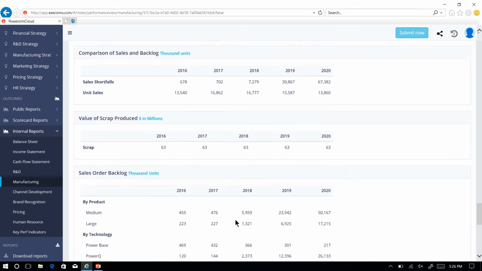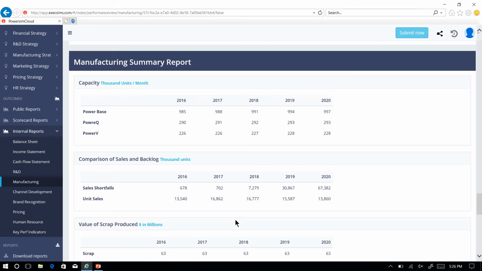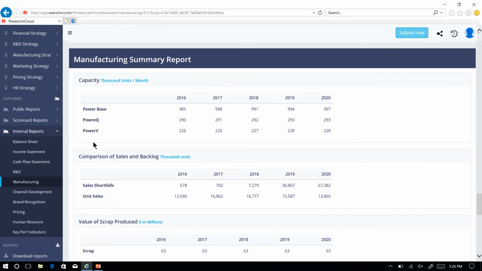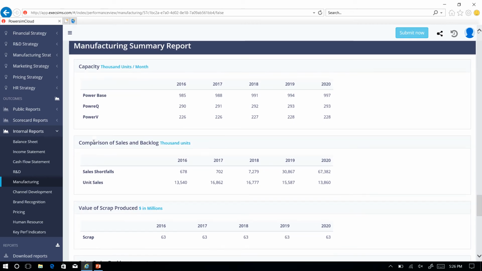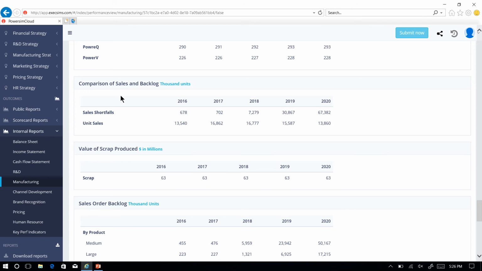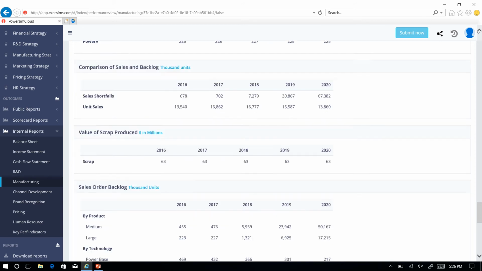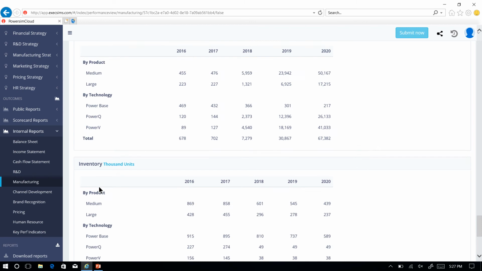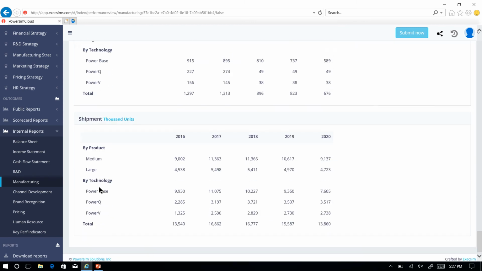And then last we have the manufacturing summary report. It shows everything from the capacity, the comparison of the sales and backlogs, scrap produced, sales order backlog, inventory, so all the stuff we just looked at.